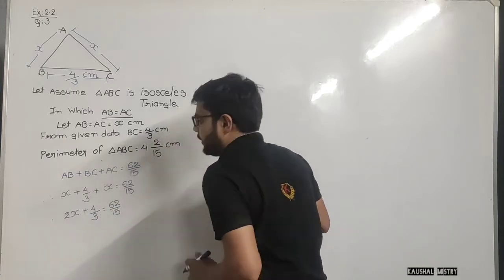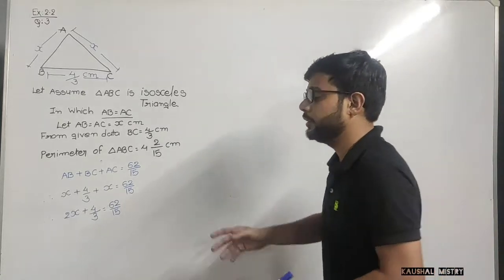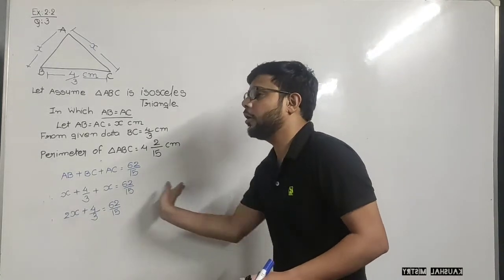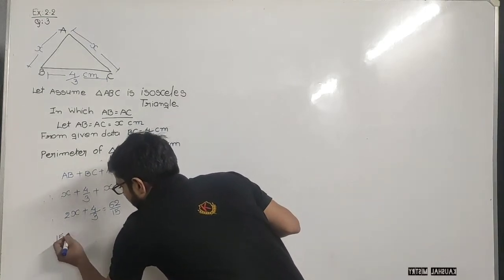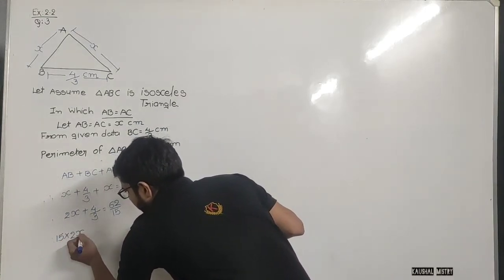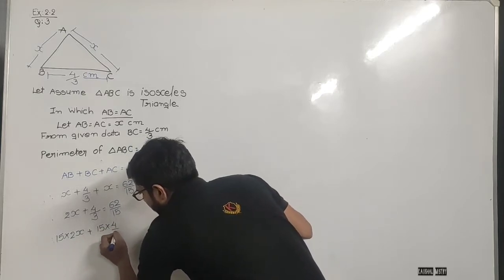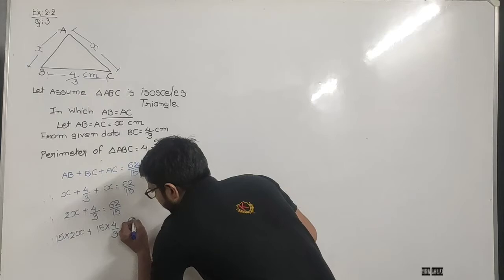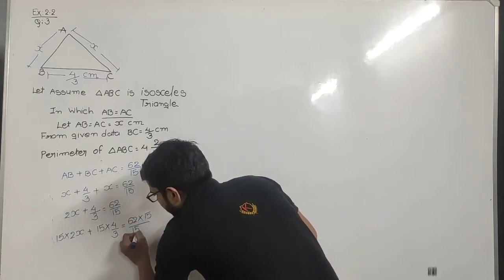Now we can see that the LCM of 3 and 15 will be 15. So we are going to multiply all the terms by 15. So this will be 15 multiplied by 2 multiplied by x plus 15 multiplied by 4 by 3 is equal to 62 multiplied by 15 upon 15. Right?